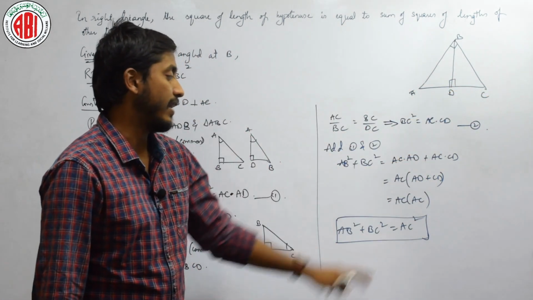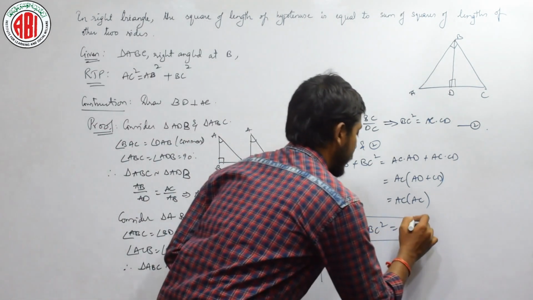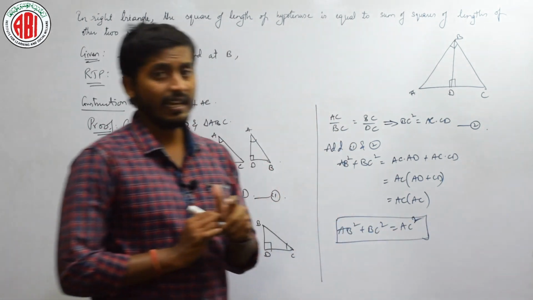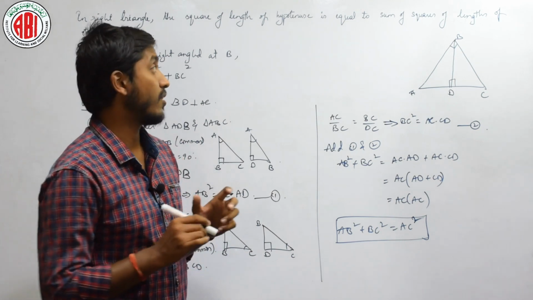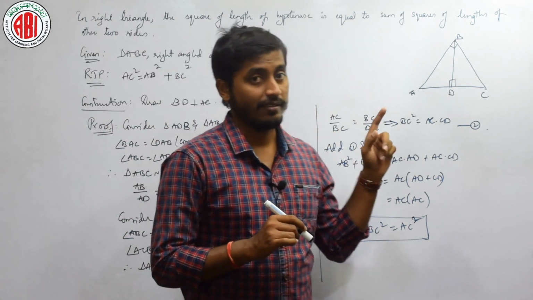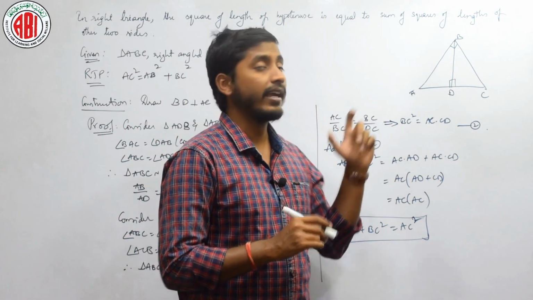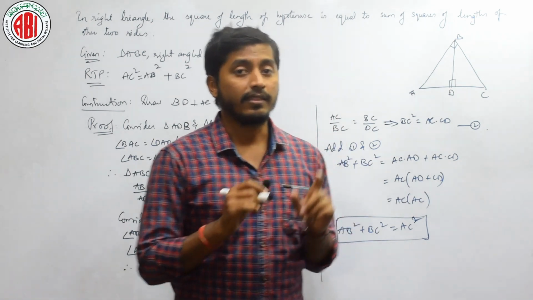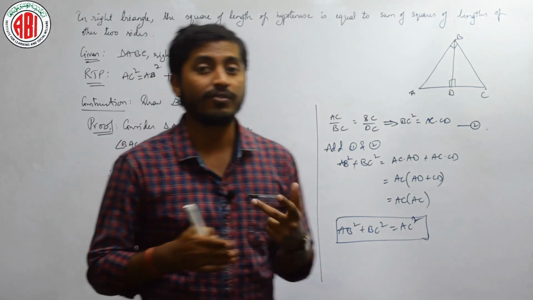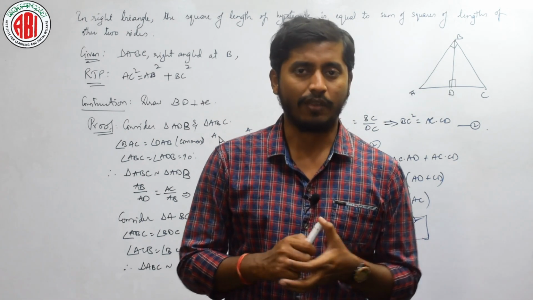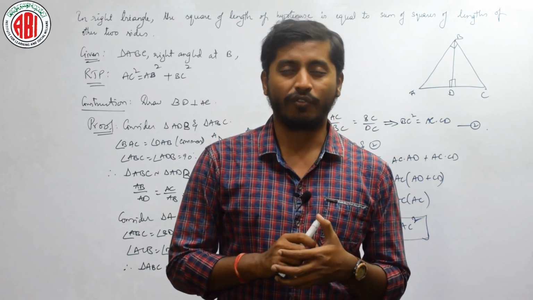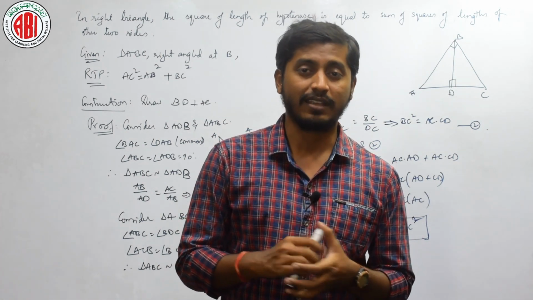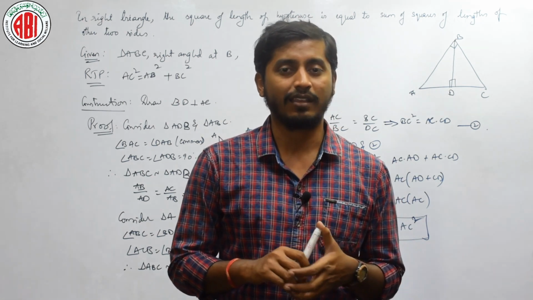Therefore, AC into AC is AC square. Is it right? Once again I am telling you to remember, whatever the right angle it is, it is sure that the square of hypotenuse is equal to sum of squares of other two sides. Shall we do few problems of fourth exercise and few examples related to this Pythagorean theorem?